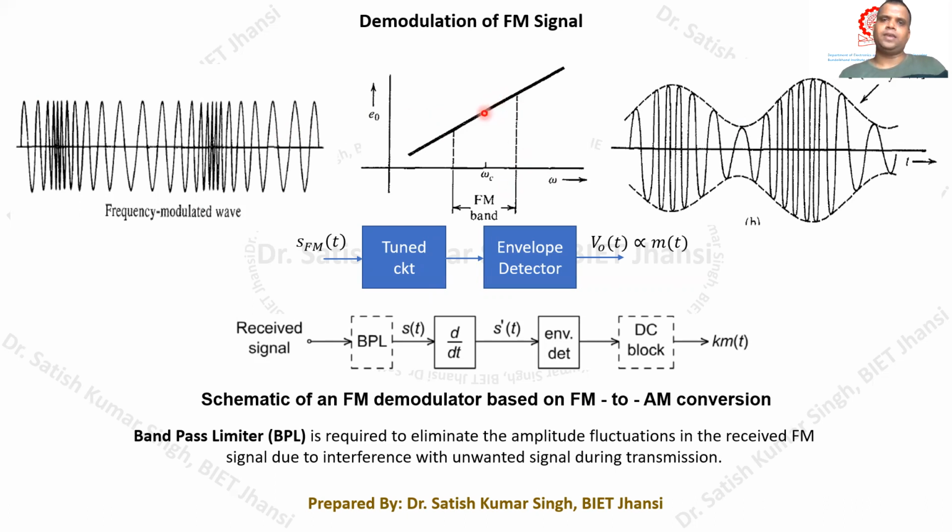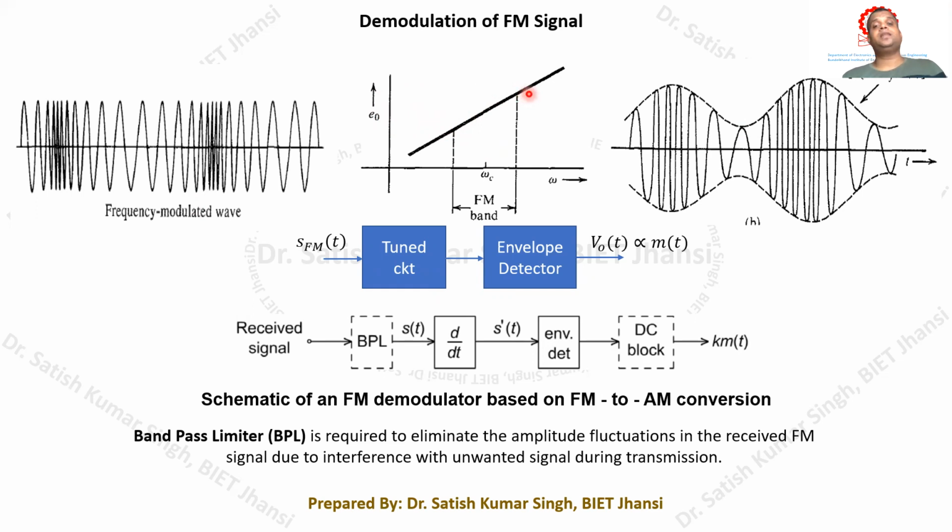Similarly, when we are giving an FM signal whose frequency is less than ωc, its magnitude is going to be reduced, because here you can see that at this point its magnitude response is less. Here its magnitude is less, here it is more, and at this point it is highest.